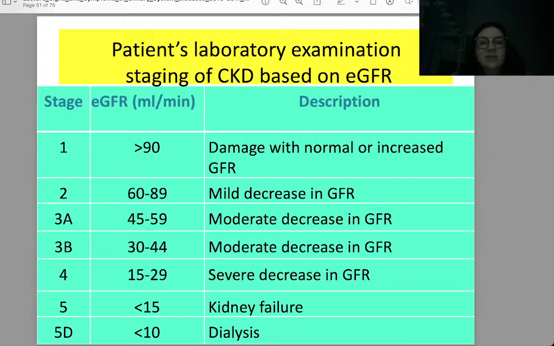And stage 5 is kidney failure, when GFR is less than 15. And it has one more substage, 5D, when GFR is less than 10. It is an indication for emergent hemodialysis.